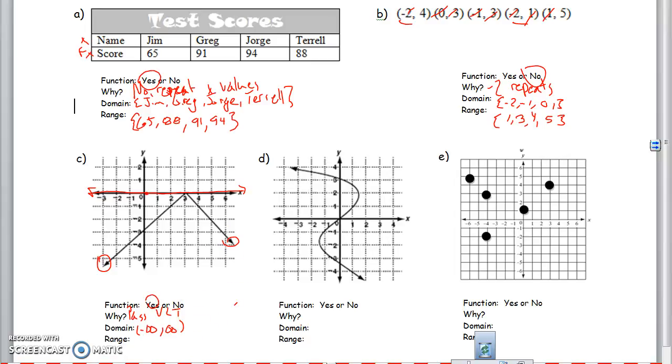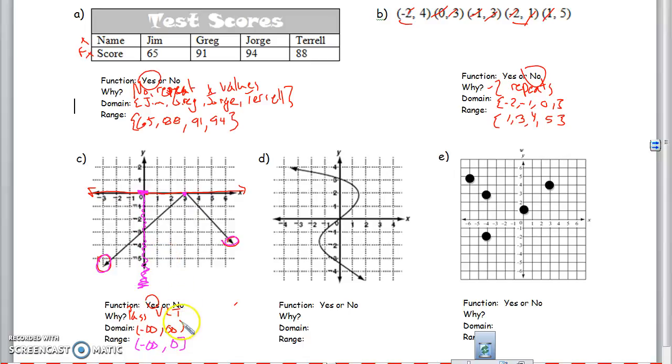Now, be careful with the range. You start down here with these arrows, so it starts at negative infinity, but as we go up, our graph doesn't go any higher than right here, which corresponds to 0 on our y-axis. Since we can actually reach that point, we use a bracket. So it goes from negative infinity up to 0.